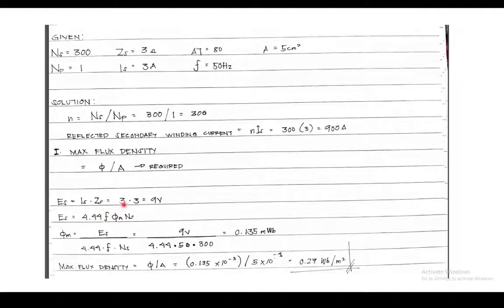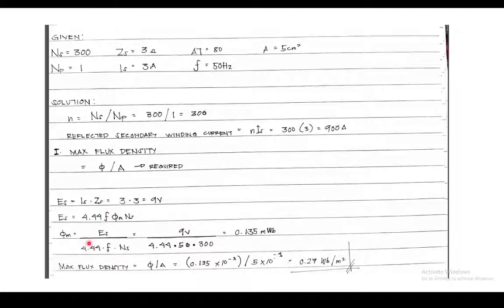Now, to get the magnetizing flux, we will be using the induced EMF equation of a transformer, which is ES equals 4.44 times frequency times magnetizing flux times the secondary turns. Since we are looking for the magnetizing flux, we just modify it by dividing both sides by 4.44 times frequency times secondary turns.